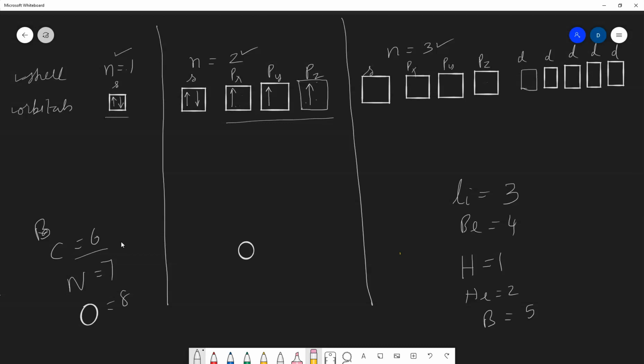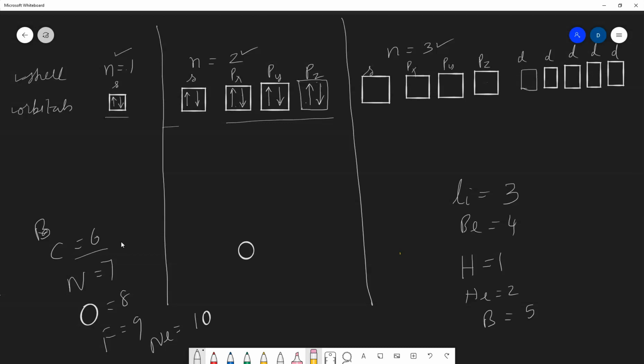The only way for this 8th electron to go is to occupy one of them. Next is fluorine, which is 9. The 9th electron will go here in the next py. Next is neon. Neon has got 10 electrons, so that electron will go here.